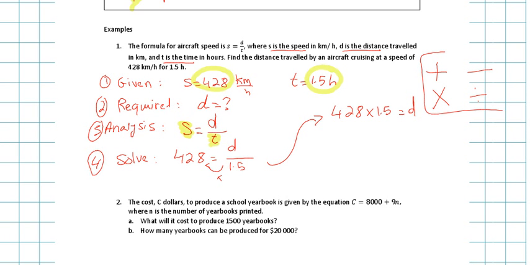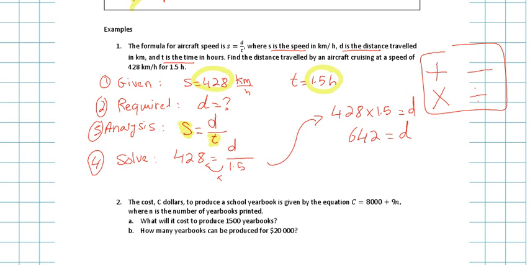So what would that be on the calculator? If you do 428 times 1.5, go ahead. 642. Now go back to your question, read it, and tell me what is the unit for distance, or for D? Kilometers.